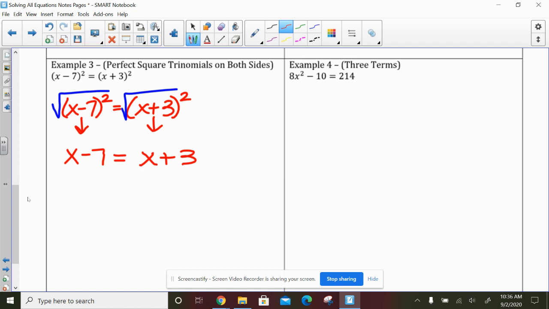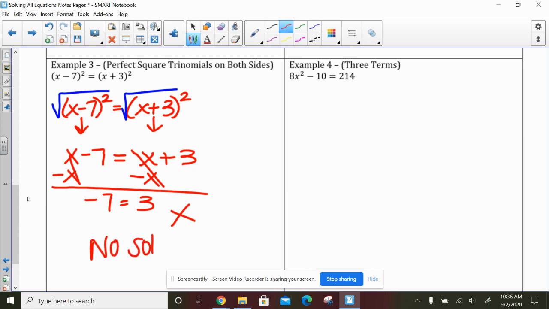Now I want to solve this equation. So I'm going to start by subtracting x from both sides. x minus x goes away. Negative 7 equals x minus x, that also goes away. Bring down your 3. Now, negative 3 does not equal negative 7. So therefore, since these do not equal, this is a no solution problem. So that's all you can do with that one.